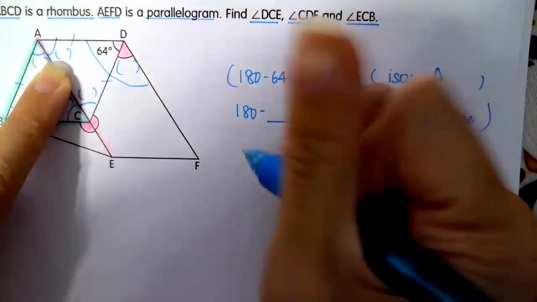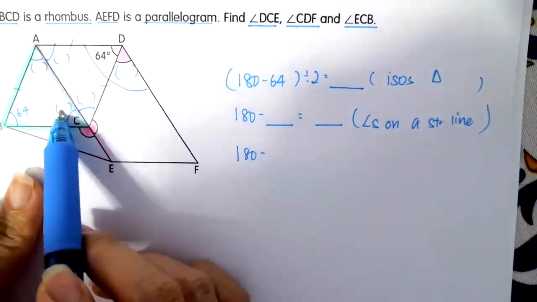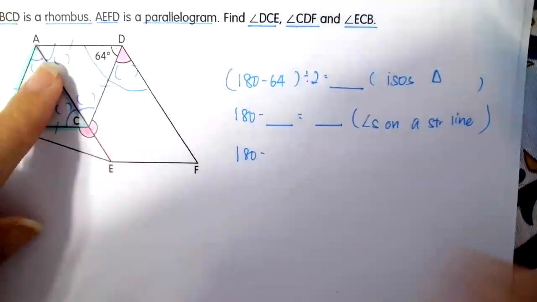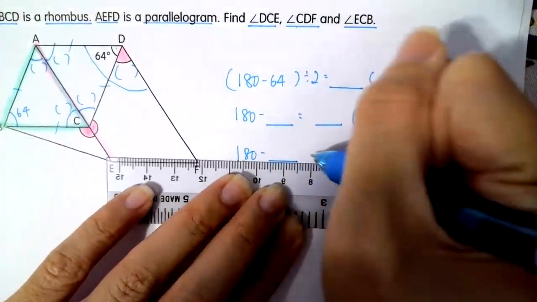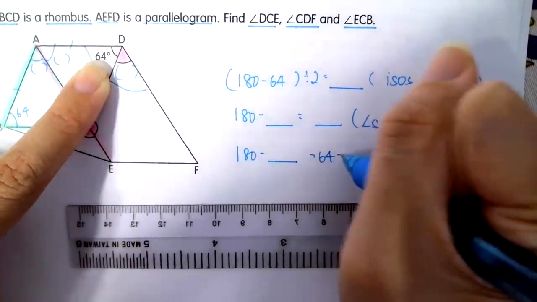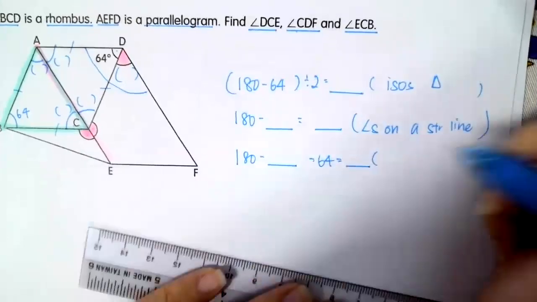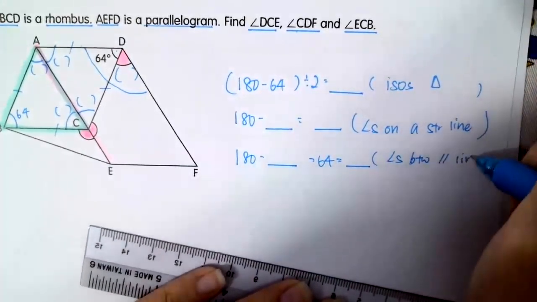Okay, so I'll take 180 minus what I found here. Remember these four are the same. So minus this angle that I found in the first step will give me this angle, right? So this angle minus another 64, you will get the final answer here. So the rule here is angles between parallel lines.